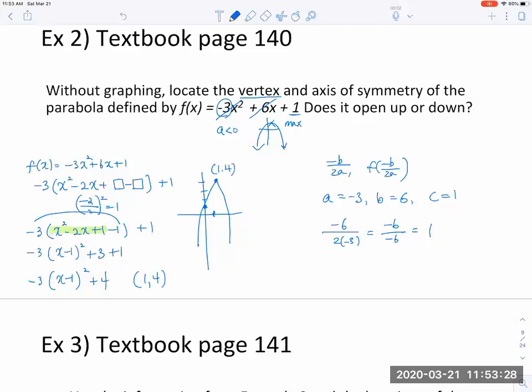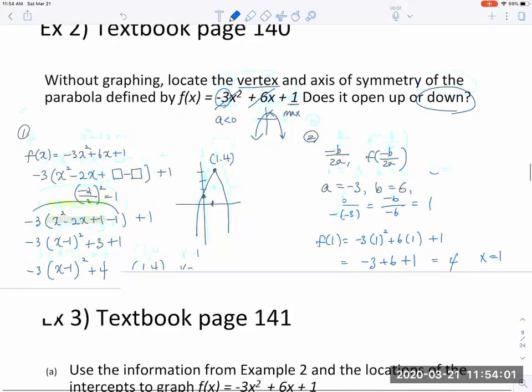And then you're going to plug back in f of 1: -3 times 1 squared, plus 6 times 1, plus 1. -3 plus 6 plus 1, which is 4. So we have the same h comma k. So this is the first, this is the second method. And then it's going to be downward. There we go. Okay. Again, the axis of symmetry is going to be x equals 1.